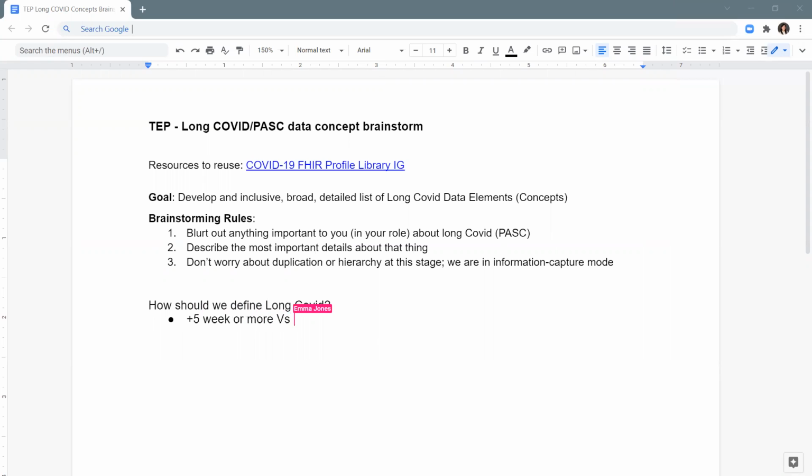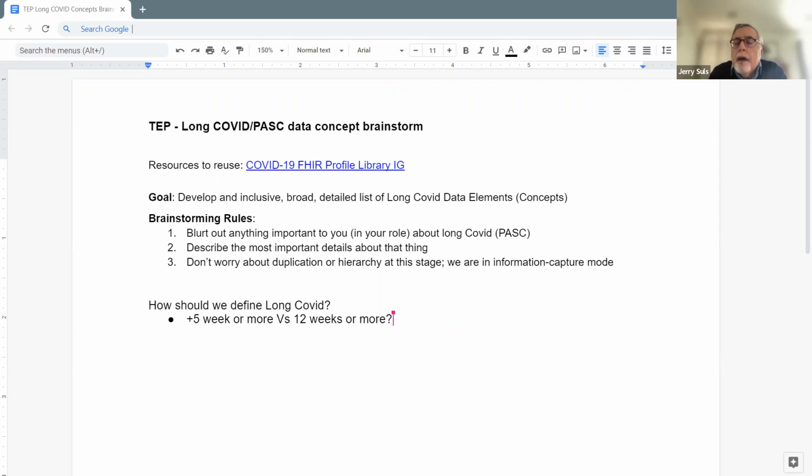Just to clarify, did you say it's after 5 weeks, it lasts 12 weeks? The way some places define it is really strange. They'll say 5 weeks or more, and then they'll say 12 weeks or more.